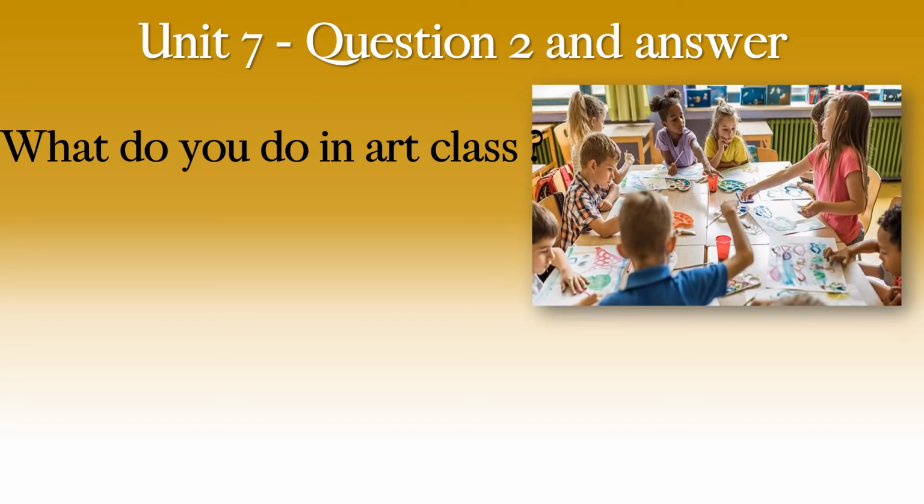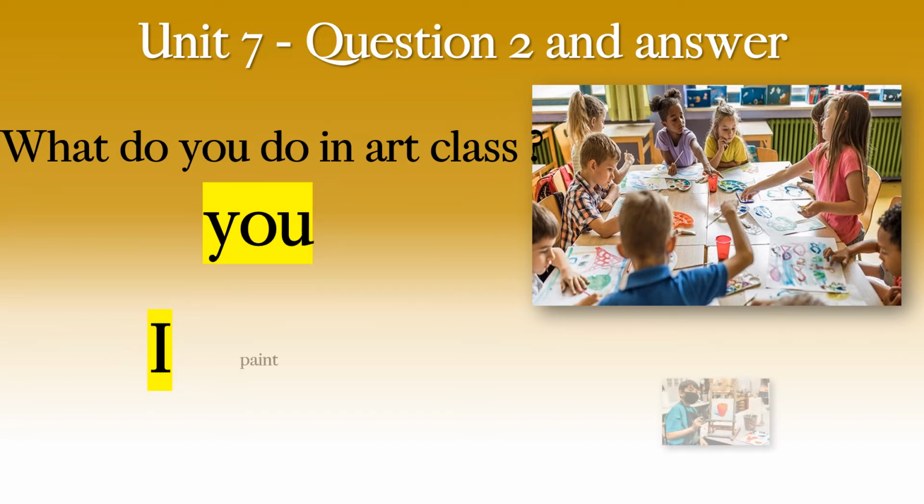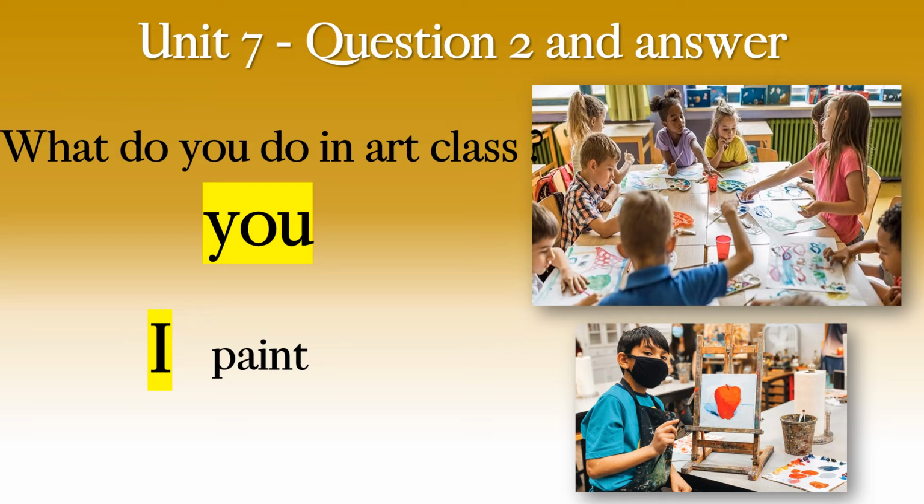So here is our class. It's art. And we are using the word you in the question. What do you do in art class? So if we are using the question you, and there are 2 people speaking, then the answer will be I. That's right. I paint. Here's a boy. He's painting. Look, he has a paintbrush.